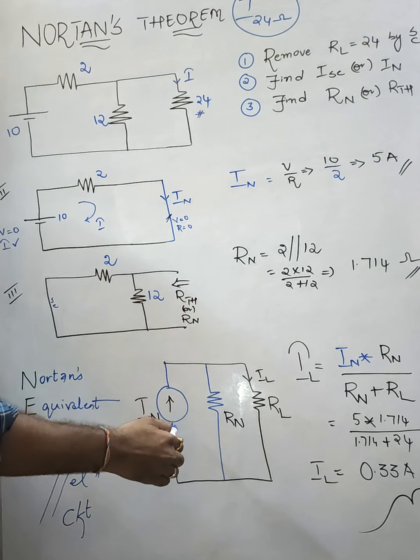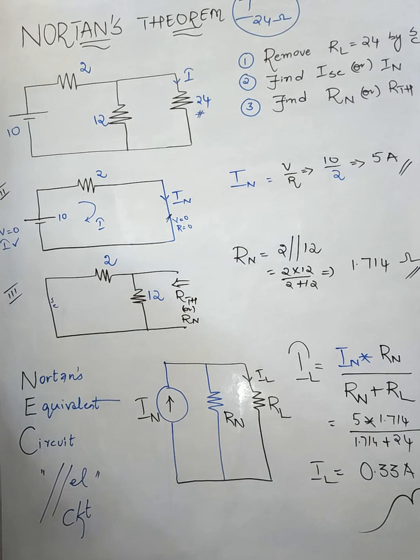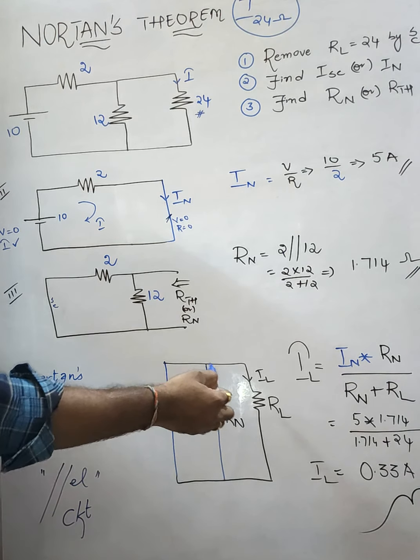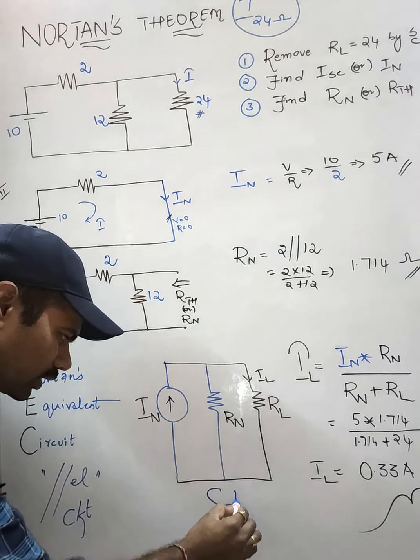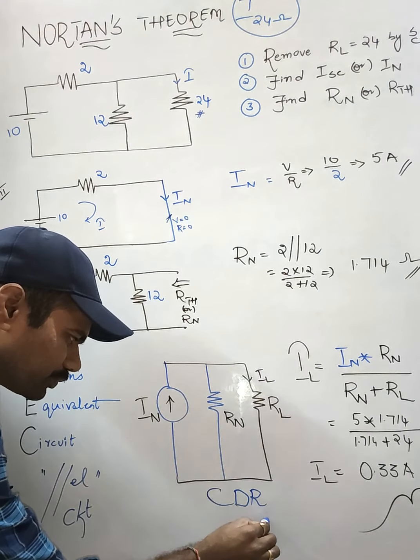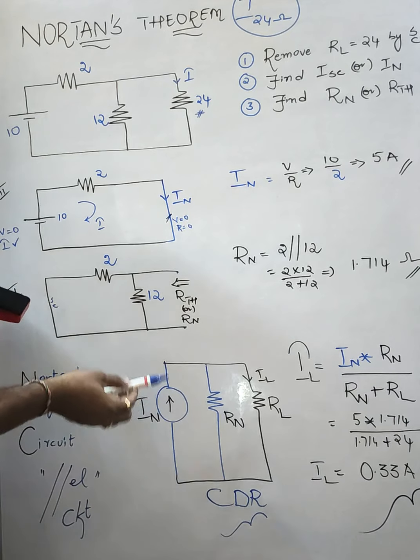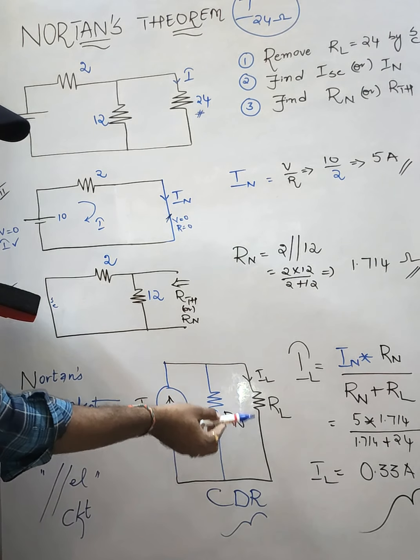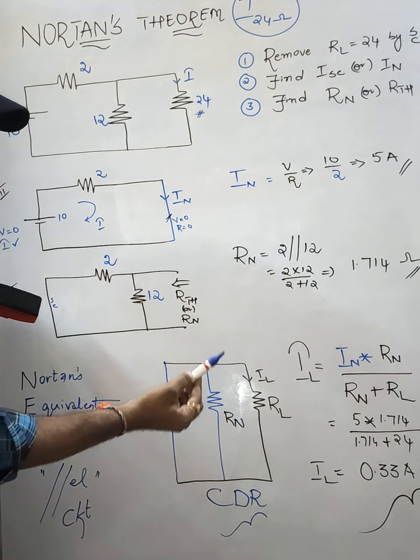Observe this diagram. From it, can you evaluate the load current? I know one rule, the current division rule. Our intention is to find the current flowing across the load resistance. This is the total current, which can go through this path or this path, and I'd like to find this one.